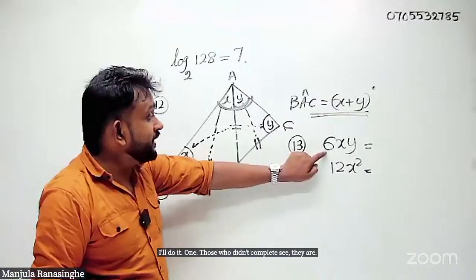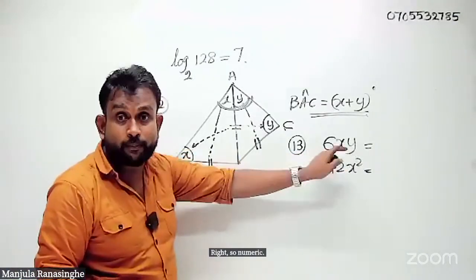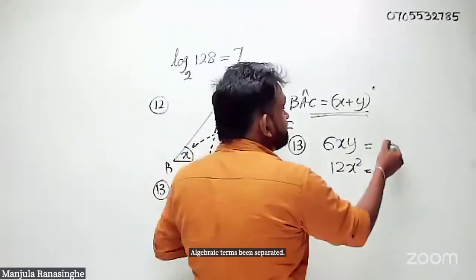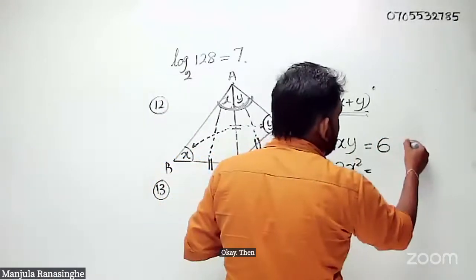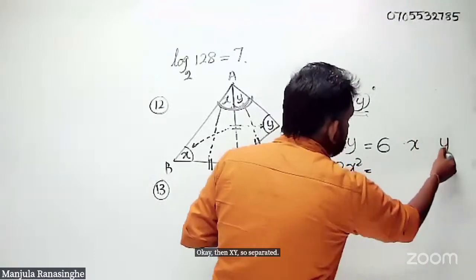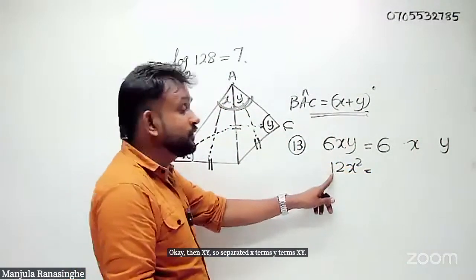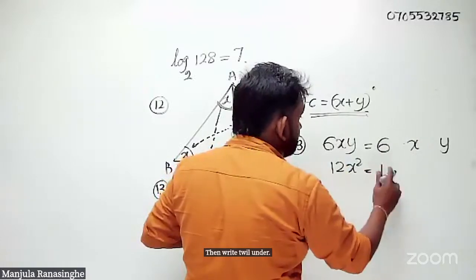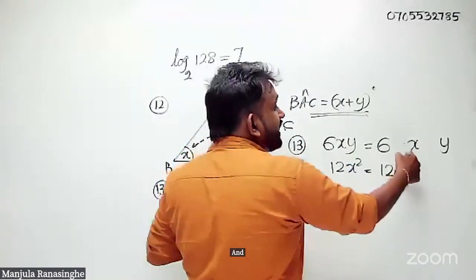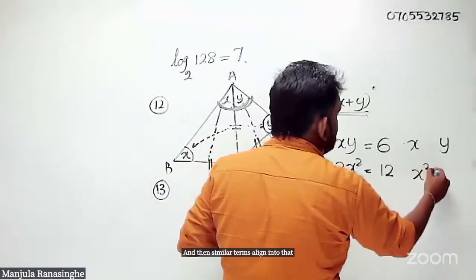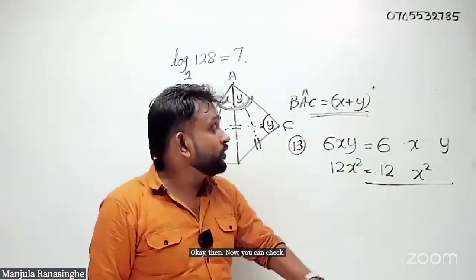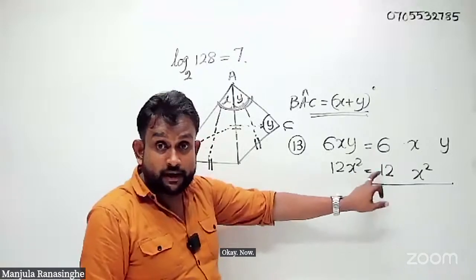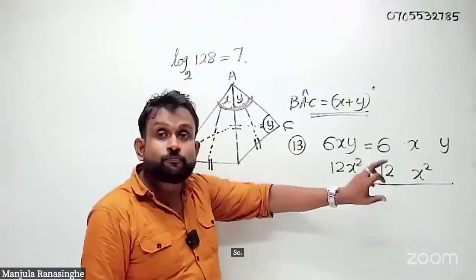Numeric and algebraic terms are being separated. So numeric is 6, then xy, so separated x terms and y terms. Then write 12 under the numeric, and similar terms align, that x squared. Now 6 and 12 are there. So what is the LCM?